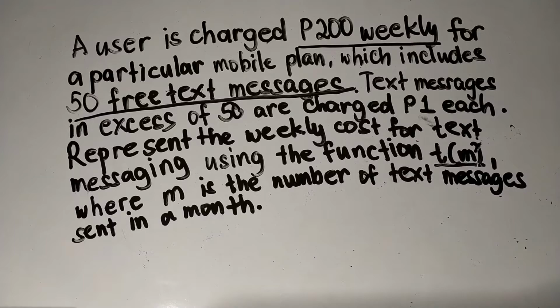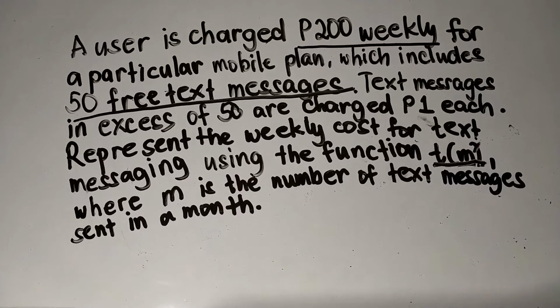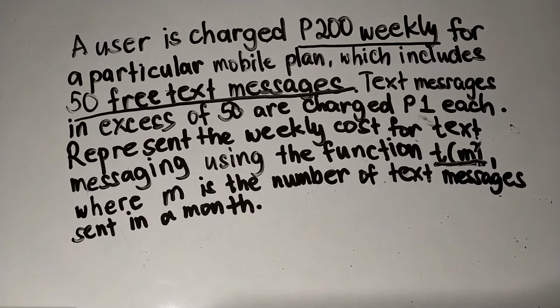Kasi hindi lang siya isang formula. So, since binigay na sa atin yung ating magiging dependent variable, paano natin na-identify kung dependent or independent variable? Sa independent variable, syempre, gagamitin muna natin yung text messages. Nasa sa atin kung ilang text messages yung kaya natin gawin in a month. At nakadepende yung T of M, which is yung ating babayaran, dun sa ating usage.